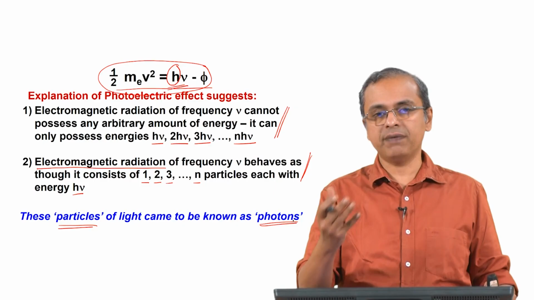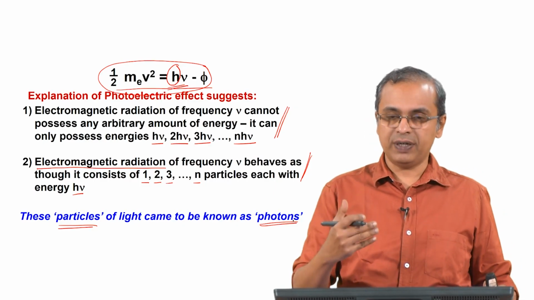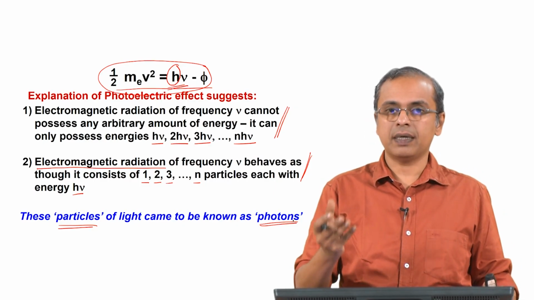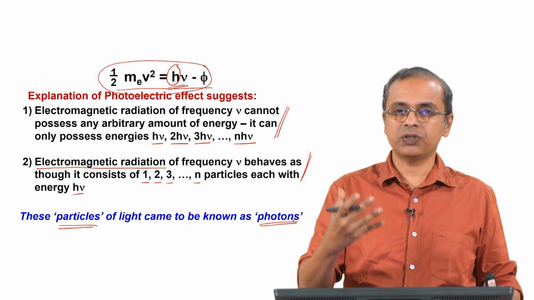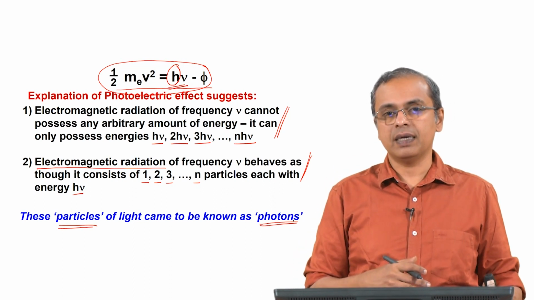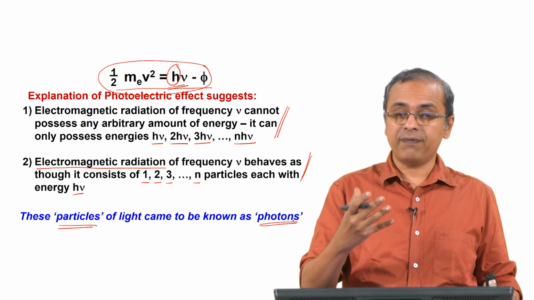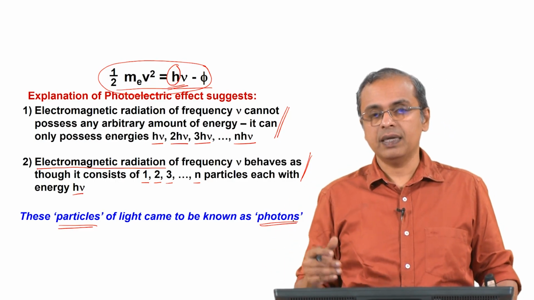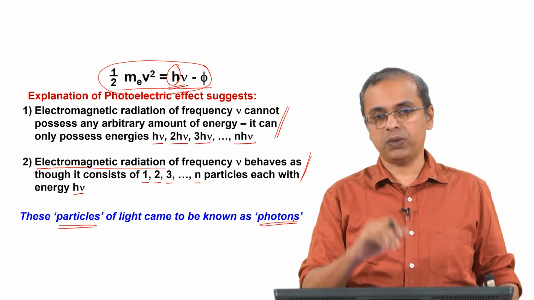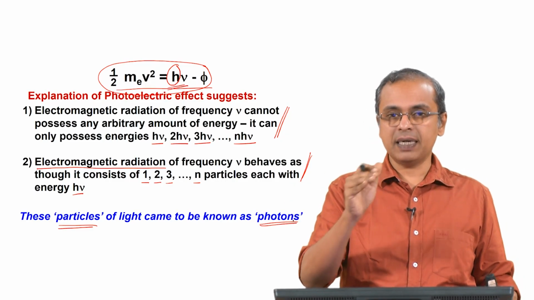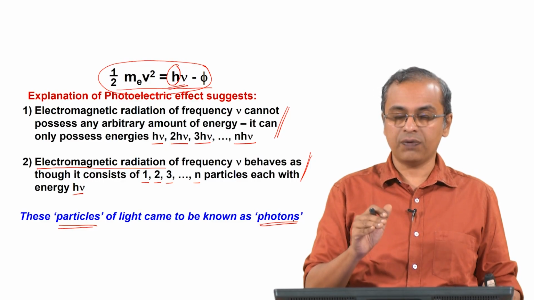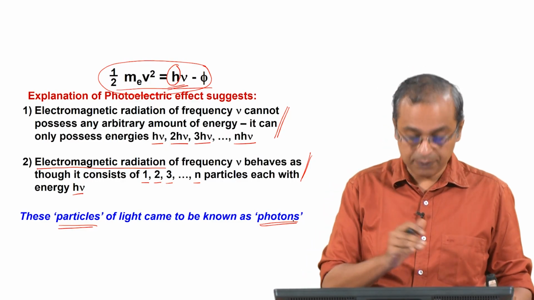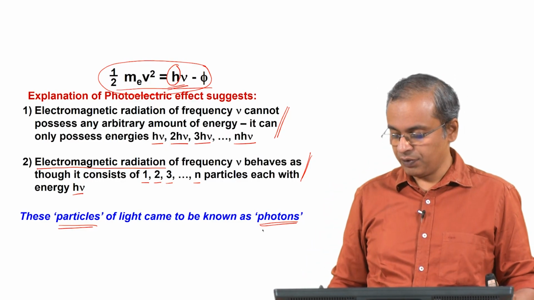So, this particle behavior of light, even though we also think of it as waves: when there are experiments showing the particle behavior of light, or where the experiment is easier to explain using the particle behavior, then the particle-like behavior of light and the particles that correspond to that light are referred to as photons.